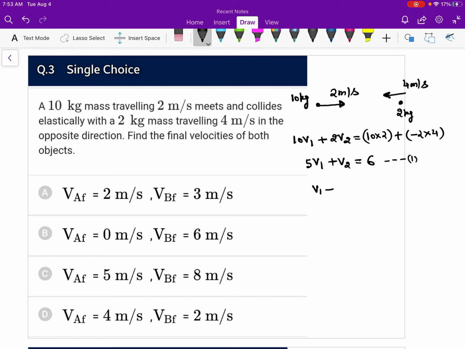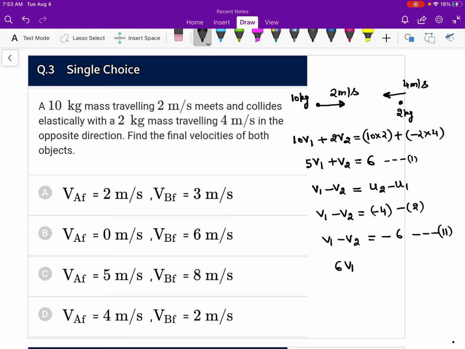So v1 minus v2 is u2 minus u1, or v1 minus v2 is u2, which is minus 4 minus u1, which is plus 2. So v1 minus v2 is equal to minus 6. So this is equation 2.